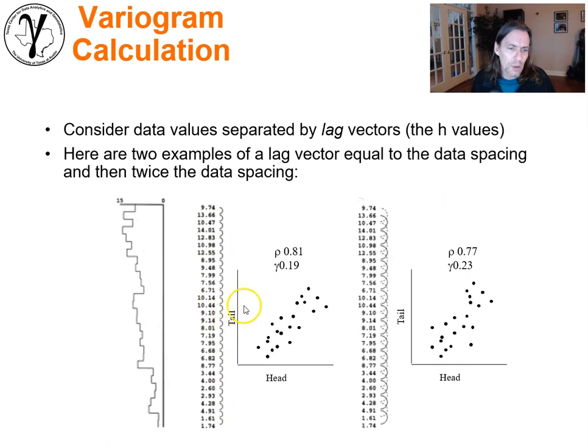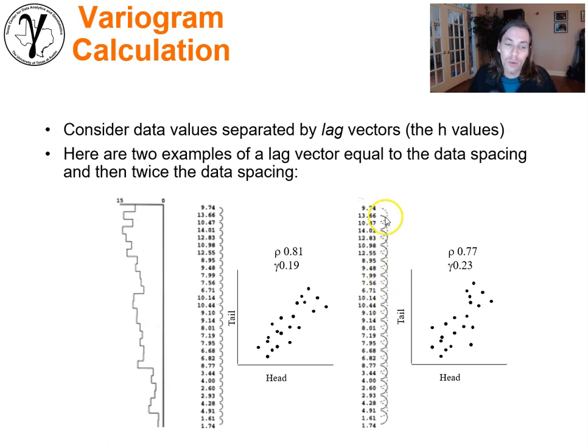But then we could look and say, well, the correlation coefficient, which we would observe within this plot, is equal to 0.81. And you could calculate that and confirm the relationship between the correlation coefficient of what we would call a head to tail scatter plot, often known as the h scatter plot, and the sill minus the variogram value, a correlation coefficient of 0.81.